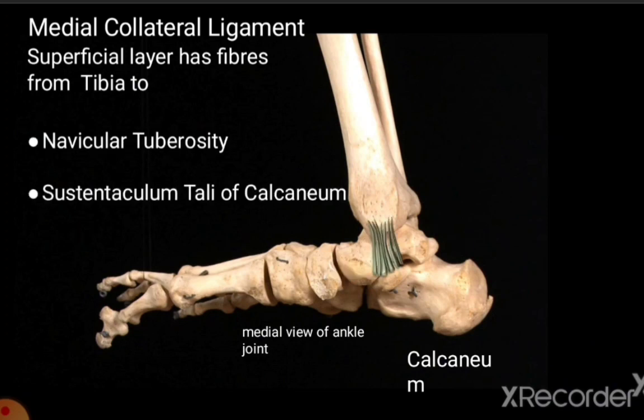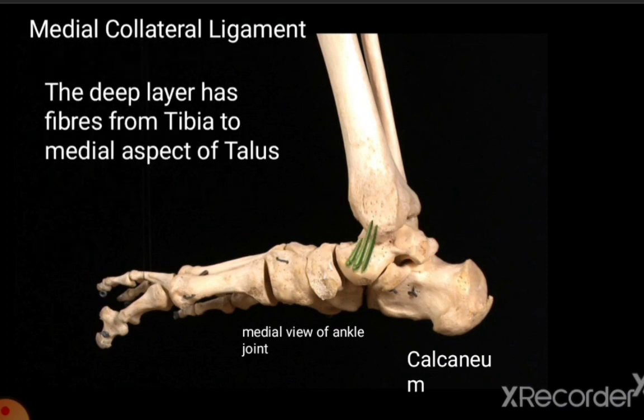Second part is from the tibia towards the sustentaculum tali of the calcaneus, and the third part is from the tibia up to the talus. These three parts are included in the superficial layer, and the deep layer has the fibers from tibia to the medial aspect of the talus. This is the deep layer.